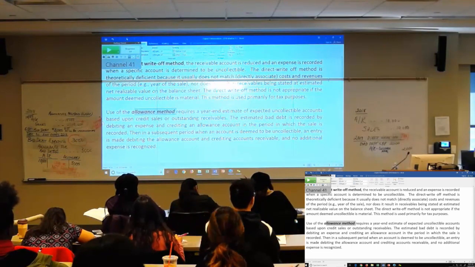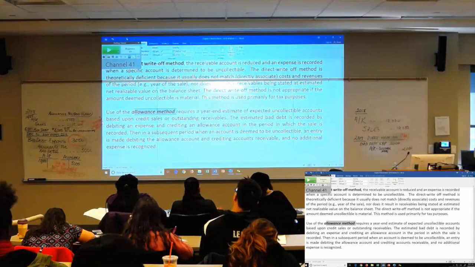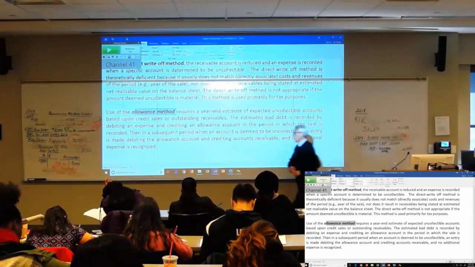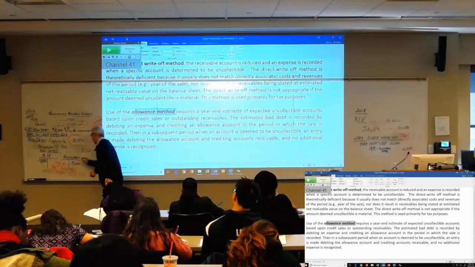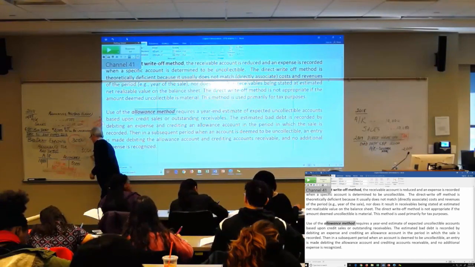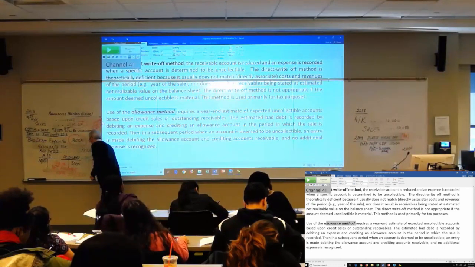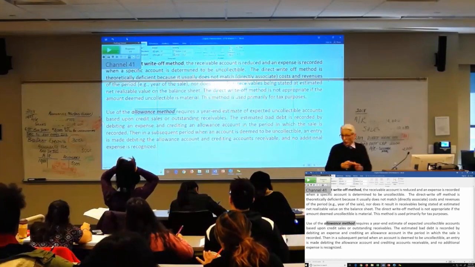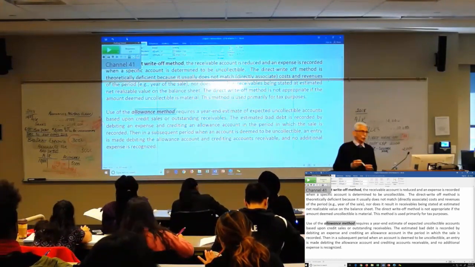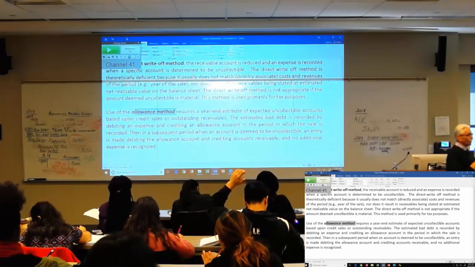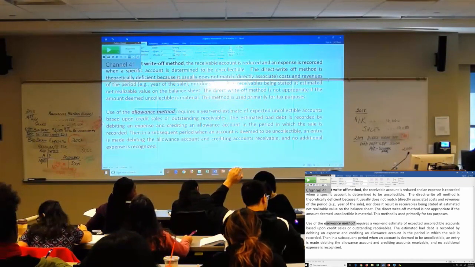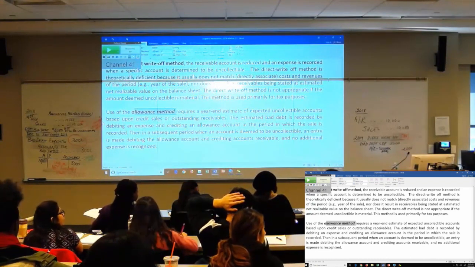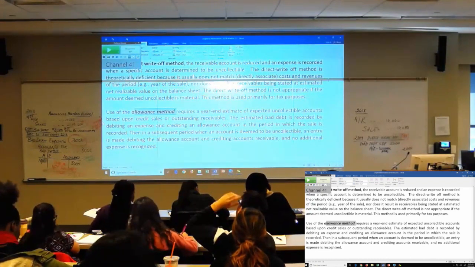The allowance is a contra asset account, so it offsets on the balance sheet. So you're going to show $7,000 on the balance sheet net. It's almost like accumulated depreciation, which is an estimate. And that's why you use accumulated depreciation against the assets. Here you use allowance against the receivables.